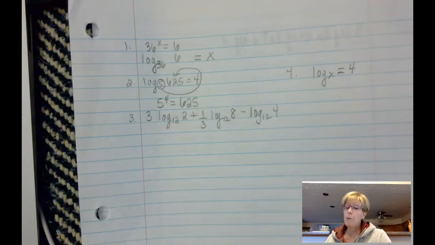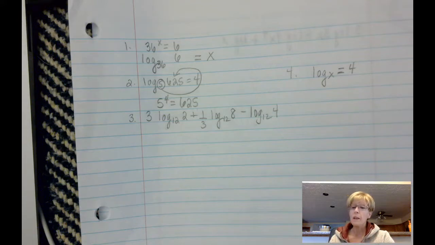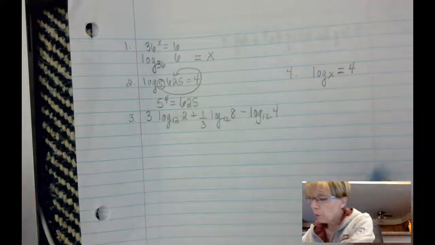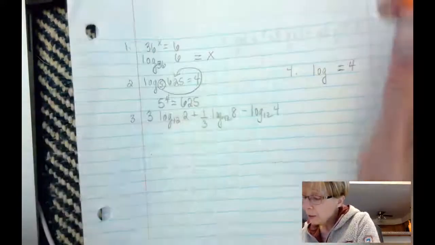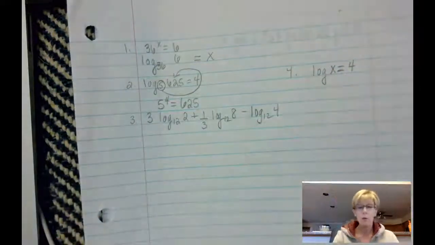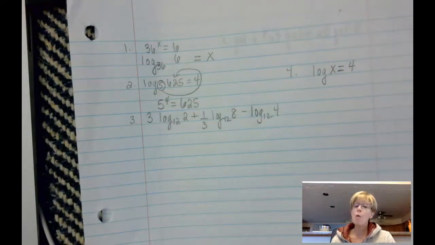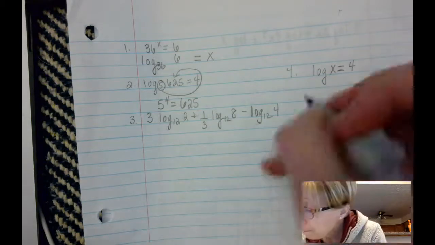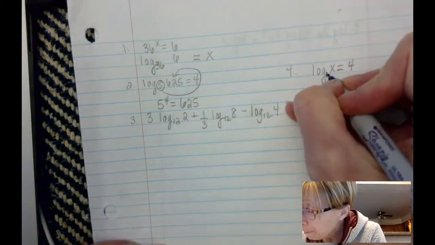Finally, on problem number 4, same idea as problem number 2, but the one thing that you need to know is, and I didn't write the problem very well, so I'm going to write it just a little bit better, it's log of x equals 4. But since there's no base, there's no subscript written on a log, it's 10.